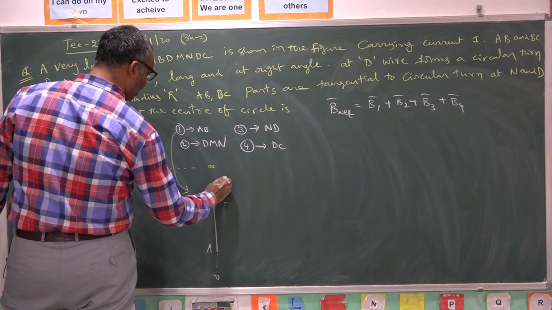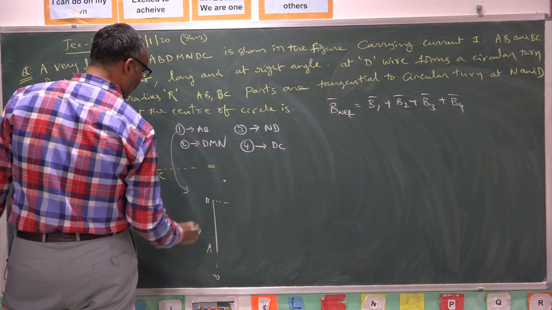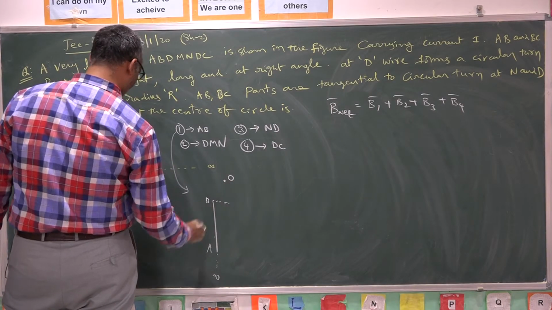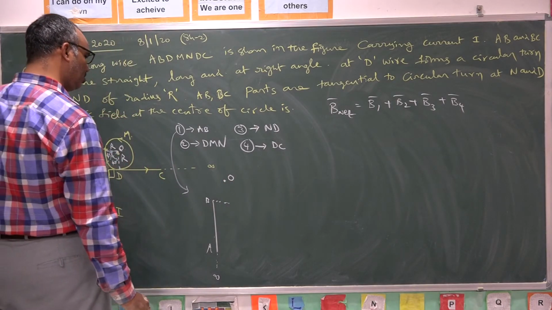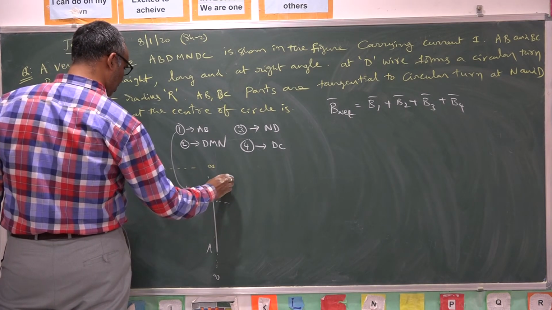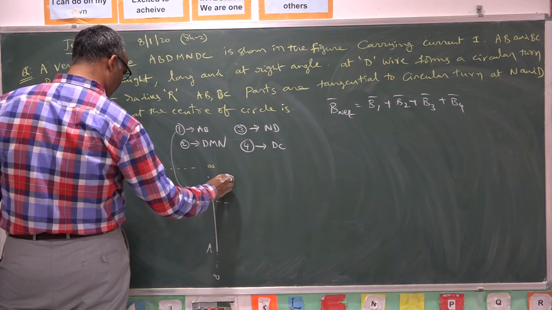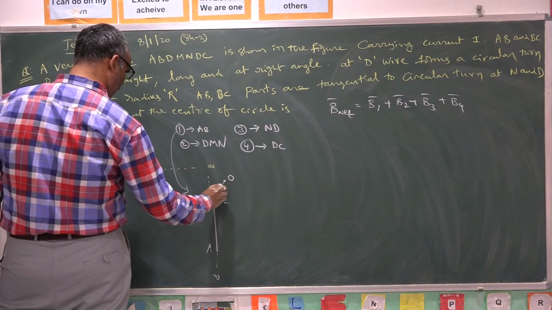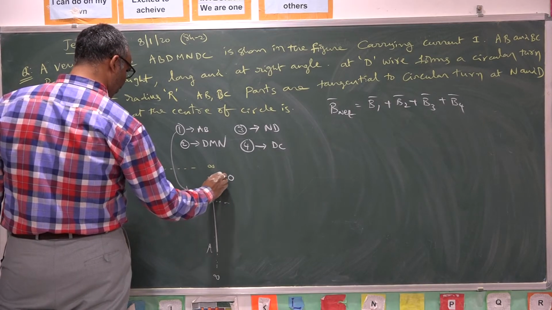Our point is located here. This point is O. What angle is it making? If I extend, it is making an angle 45 degrees here.